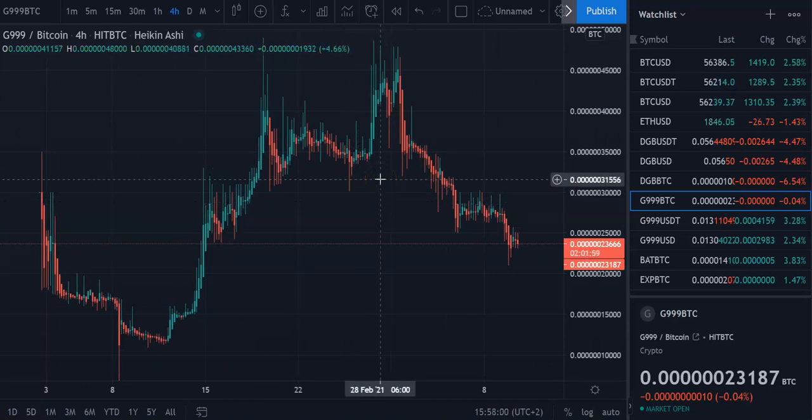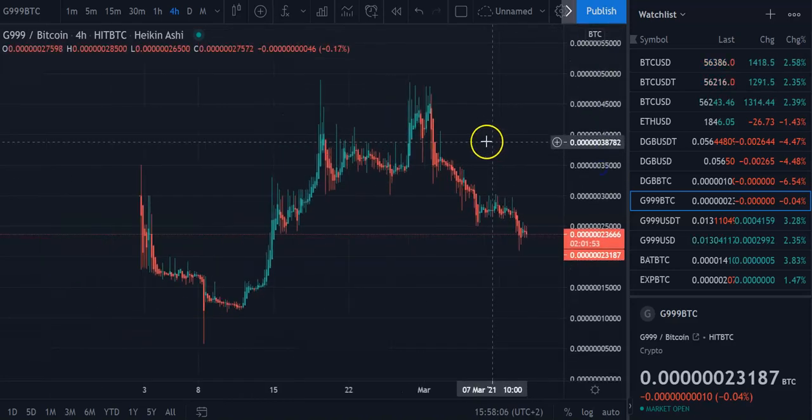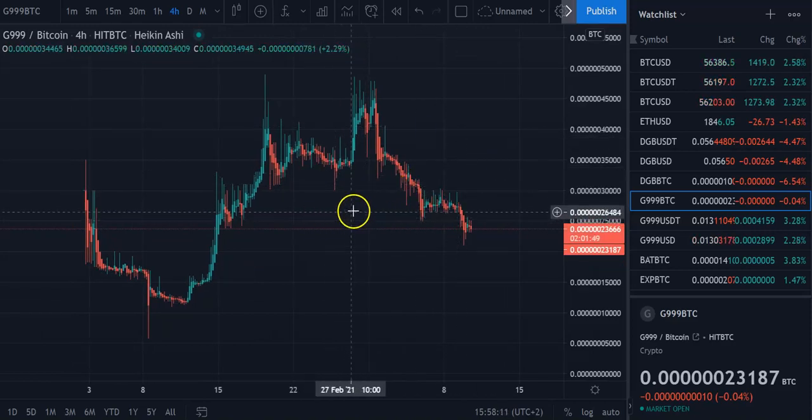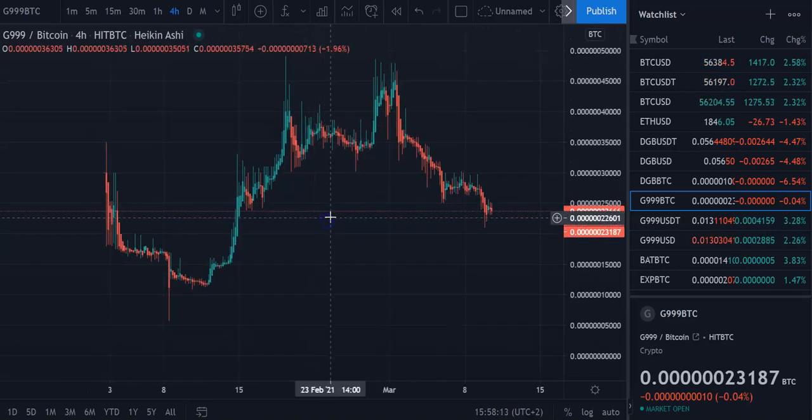So looking at this chart on the 4-hour, I'm going to use the regression trend tool to find out how many trends have happened in the last month or so.